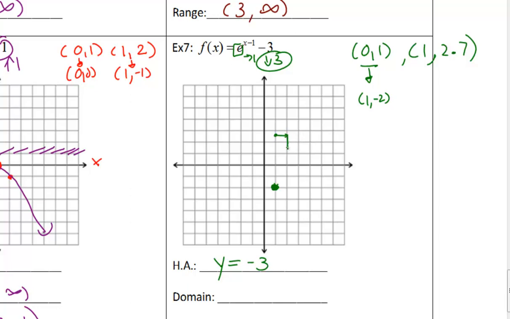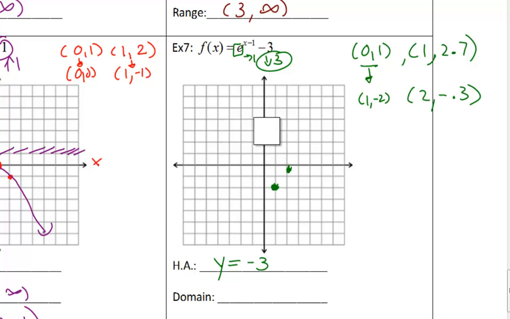So down 1, 2, 3. So this becomes the point (2, and that would be actually -0.3). So (2, -0.3).